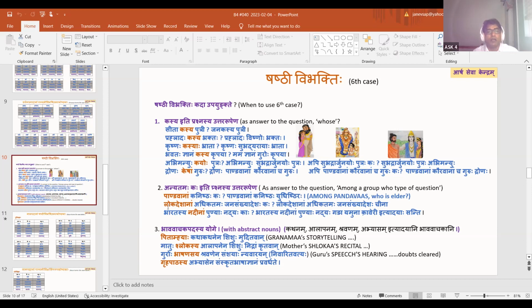Like that, among world countries, Sampannaha Kaha, who is the wealthiest? Logadesha Nam, that's the usage. Among countries or many things like that. Gayaka Nam, among singers, who is the best? That will be controversial. Who is the oldest is easier. Suppose you have a lot of singers, then you can say Kanishtaha Kaha, who is the youngest. Like that.